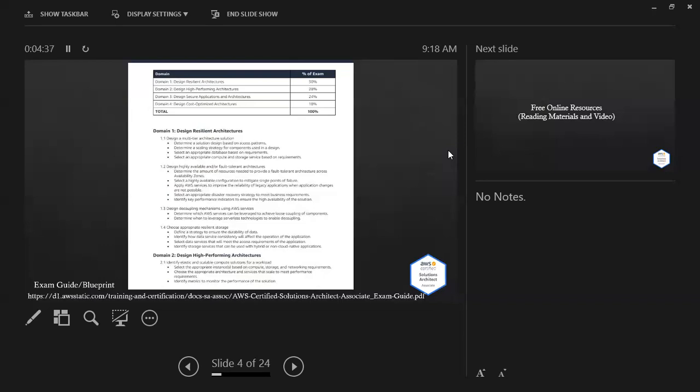You just have to know the different domains and what they constitute, so that you have a granular overview and know what to expect when you're preparing for the exam. So it's quite important that you go through the blueprint or the exam guide, and the link will be dropped below for you to download the PDF file.